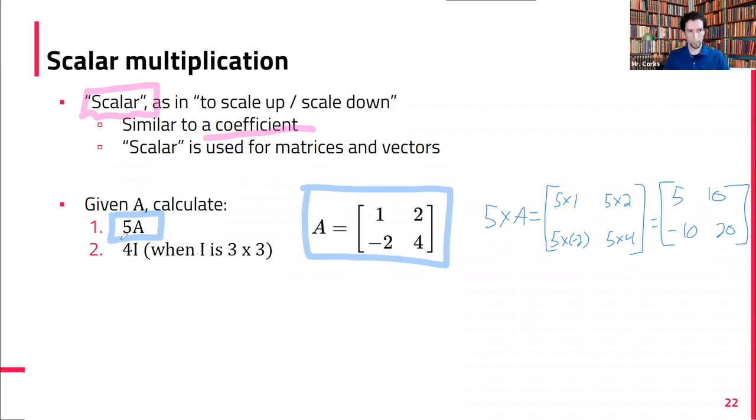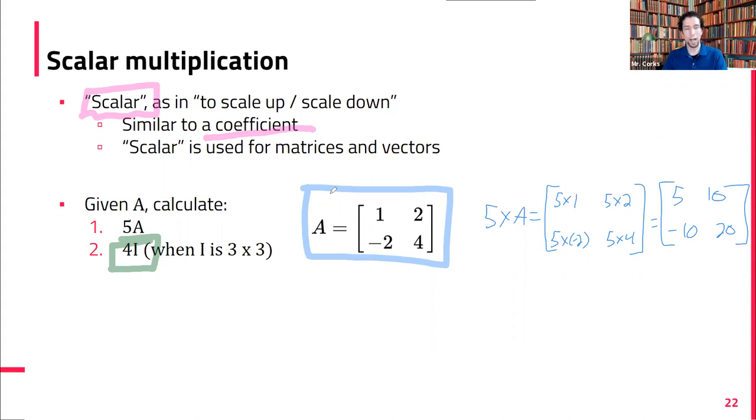We could have things like this: 4 times I. If you remember, I is our symbol for the identity matrix. If I say 5 times A, A is just some matrix. We don't know what that looks like. It could be anything, so the person should tell us what matrix A is, and give other values. We don't do that with I. I is a special letter, reserved only for the identity matrix.